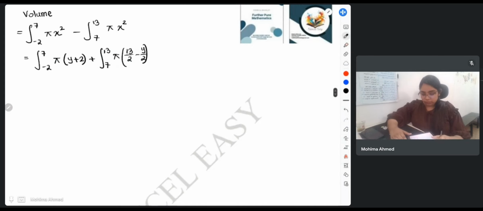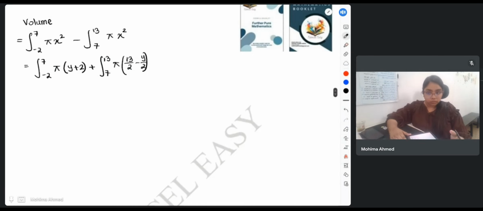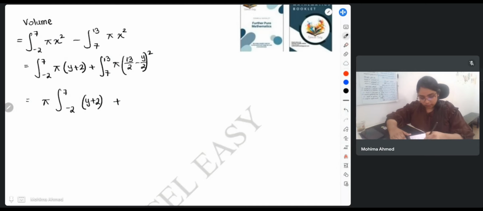Okay, so from this page onwards, I will try to do our normal integration. Another thing, you have x squared over here, right? This was not an x squared, so you have to break down this x squared in this case. So now you have pi. If I just write this over here on another line, it's going to be y plus 2. No need to do x squared over here because the equation was already for x squared, so no need to square the first term. But for the second term, it's going to be 13 to 7. Again, I'm going to take the pi at the front.